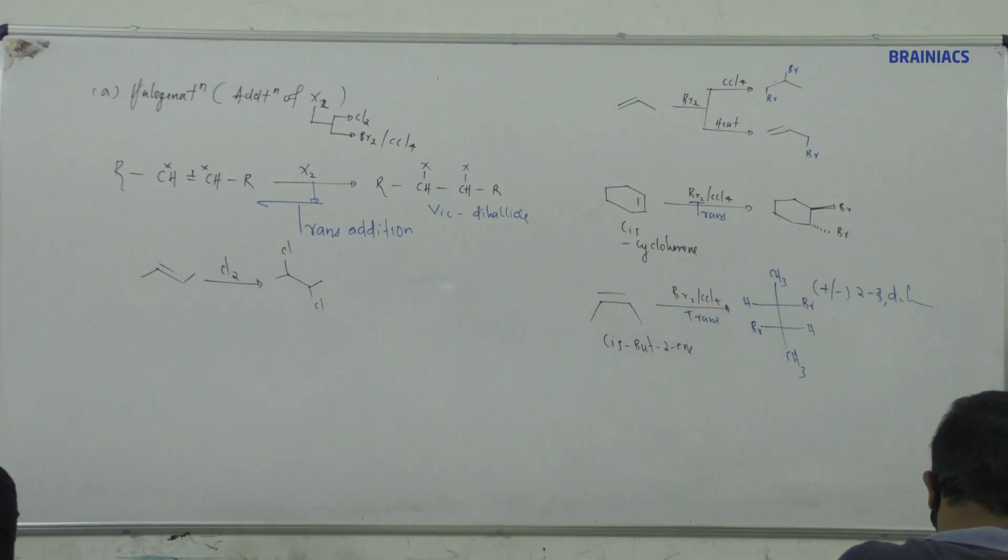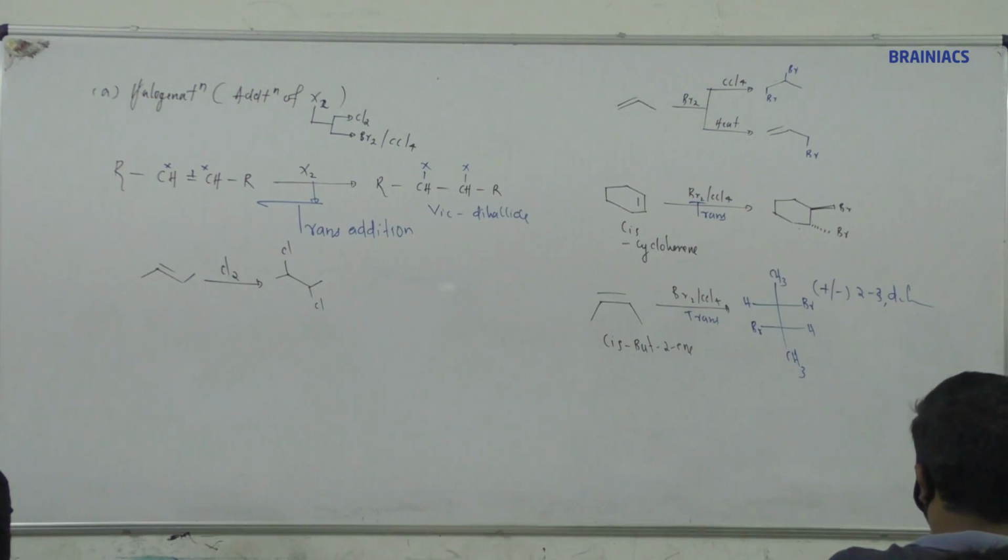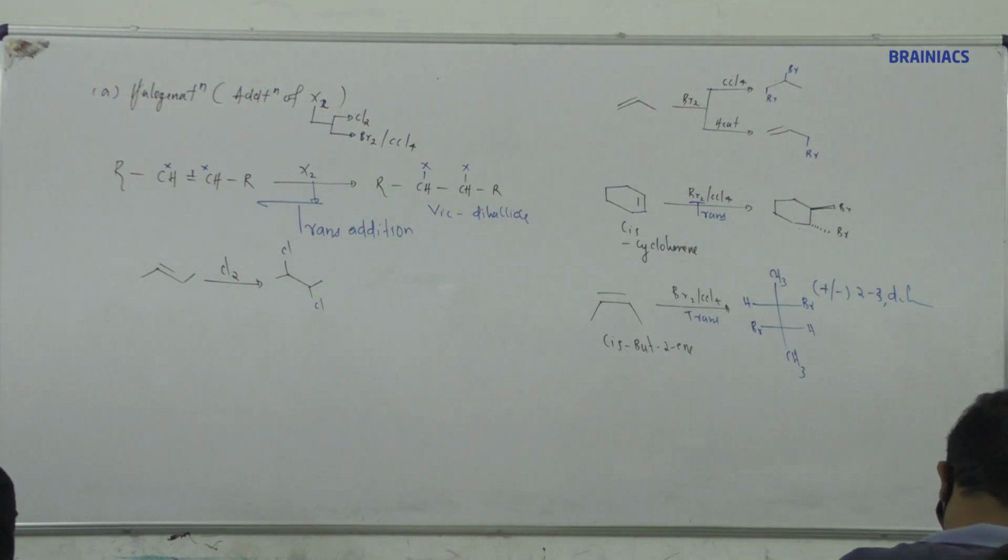Okay. So in syn addition, this kind of stereochemistry is usually used. The next example is addition of Baeyer's reagent. You know, Baeyer's reagent is dilute KMnO4.